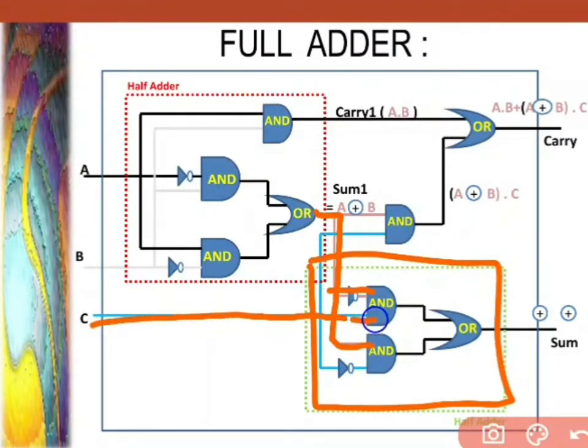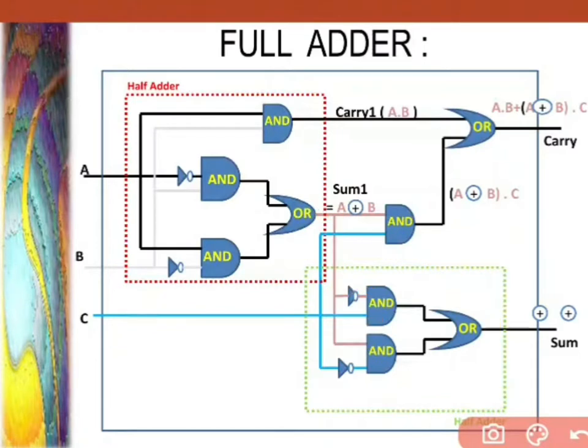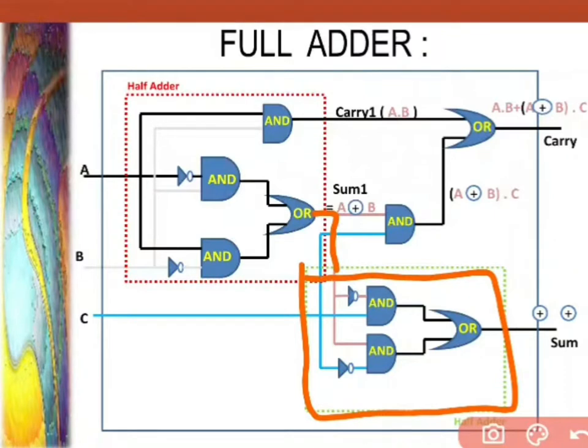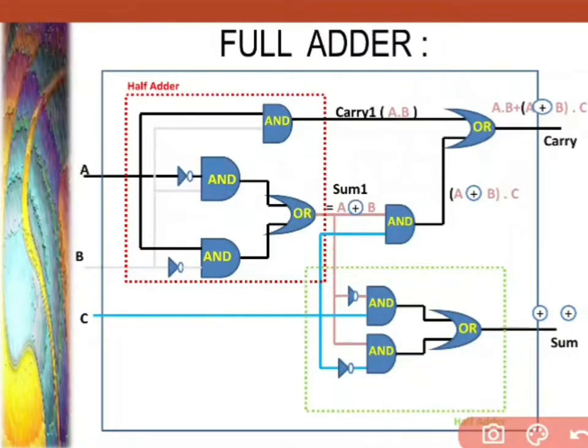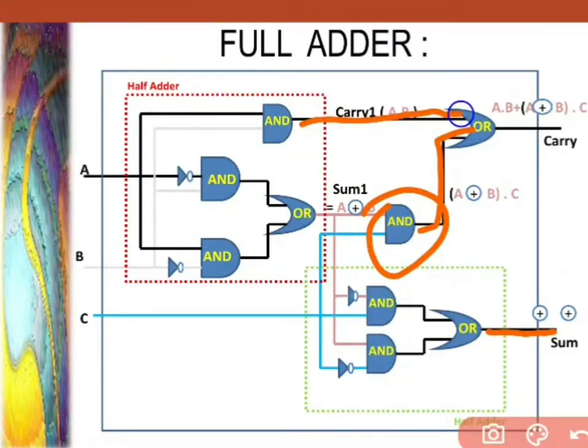When we provide our sum and our third bit inside the half adder, it gives us two things: one is sum and another is carry. That's why we forward both the carries.